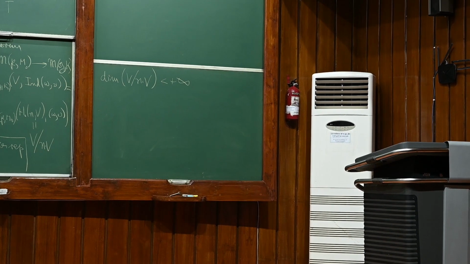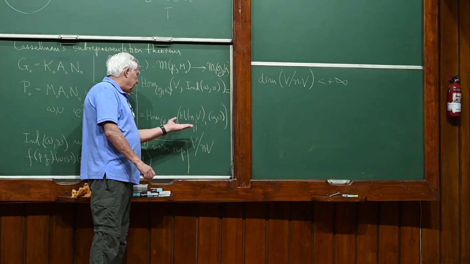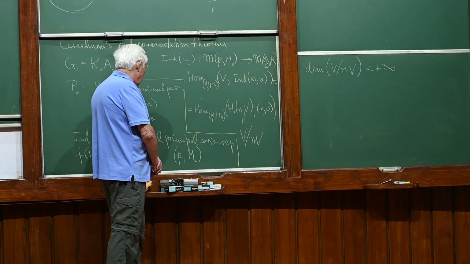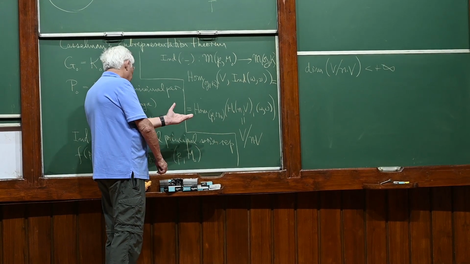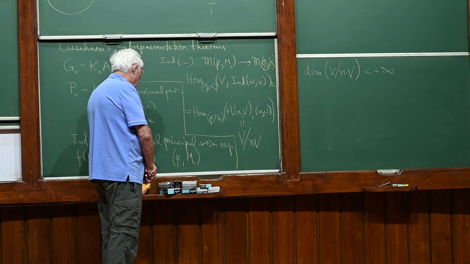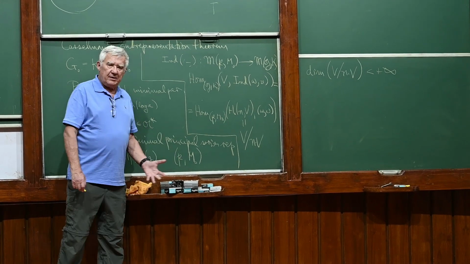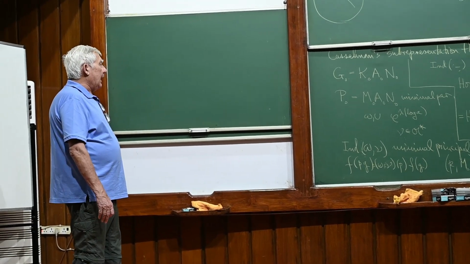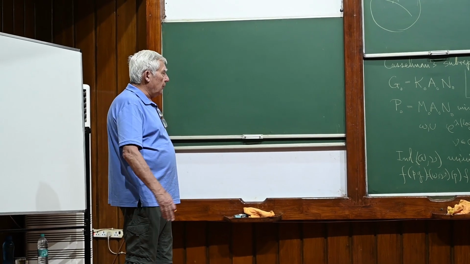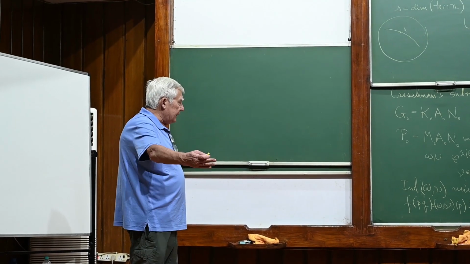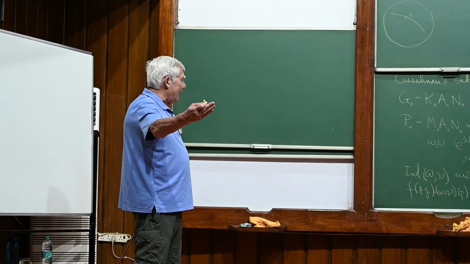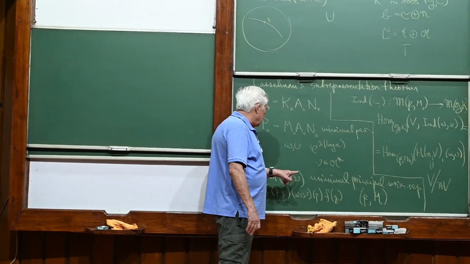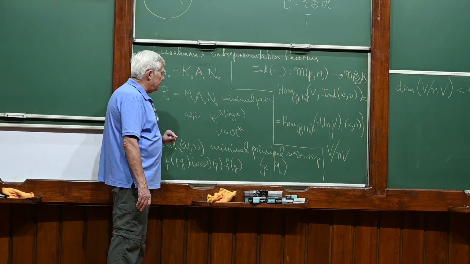So, if it's finite dimensional, we can lift the representation. It is also a module for P, and we can lift it to a finite dimensional representation of P, and then I can take an irreducible quotient of this finite dimensional representation, and I will get a representation which is trivial on N, a character on A, and an irreducible representation of M naught.